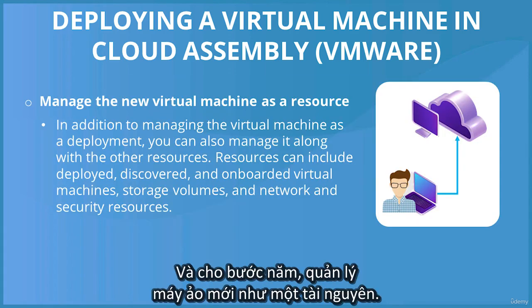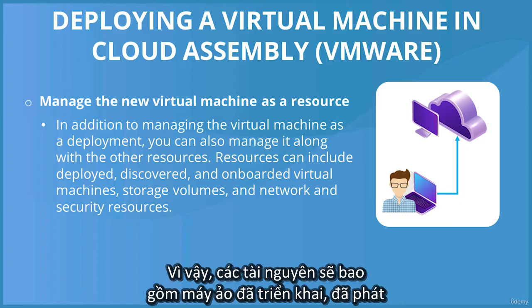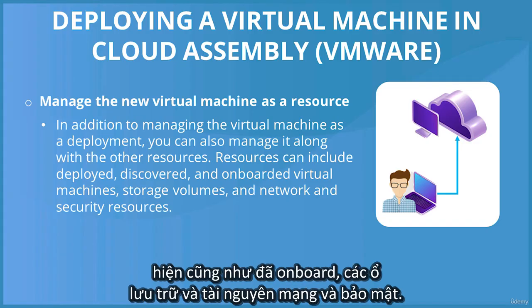And for step five, manage the new virtual machine as a resource. In addition to managing the virtual machine as a deployment, you can also manage it along with the other resources. Resources are going to include deployed, discovered, as well as onboarded virtual machines, storage volumes, and network and security resources.